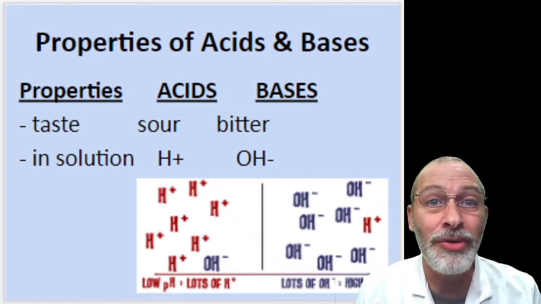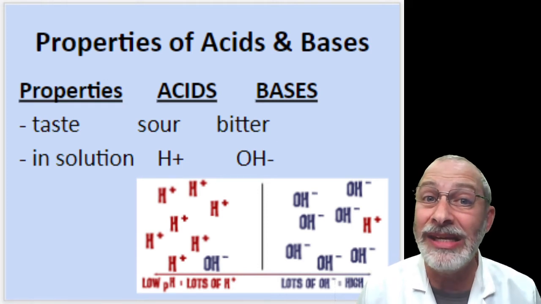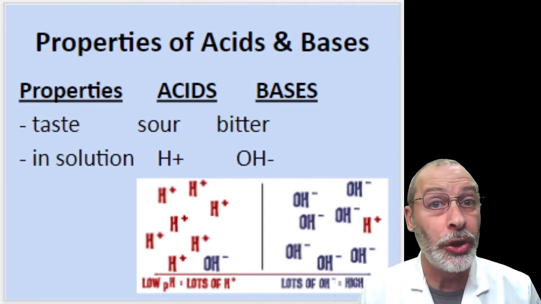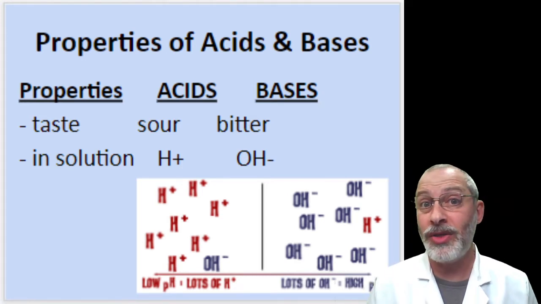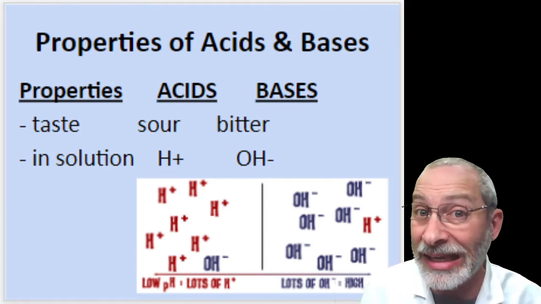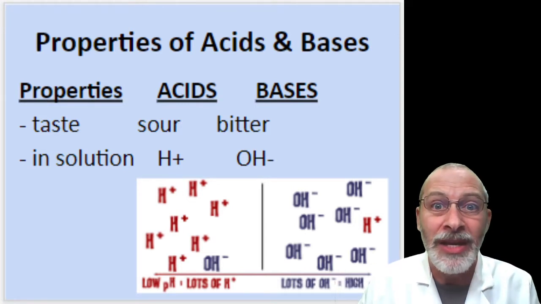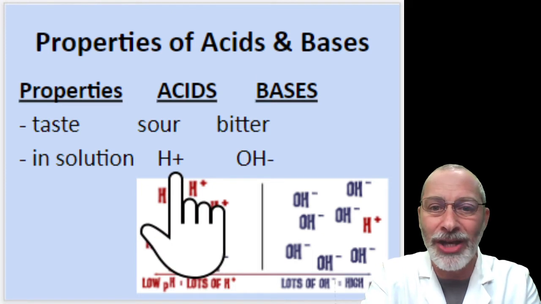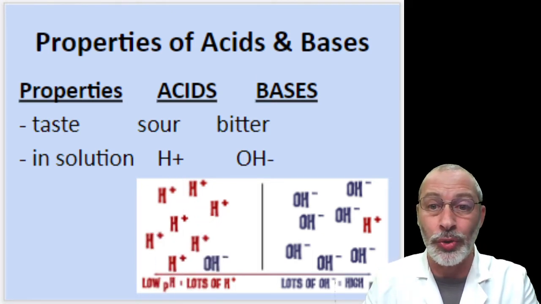You look at the chemical formula for any acid, and it's going to begin with the letter H for hydrogen. That is a clue when we're dealing with acids and bases as to whether you're dealing with an acid or a base. Chances are, if the formula begins with an H, it's an acid, and that H is going to produce a positive hydrogen ion when you put that acid into water.